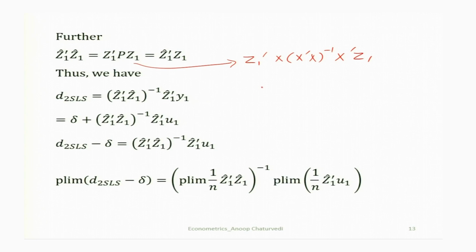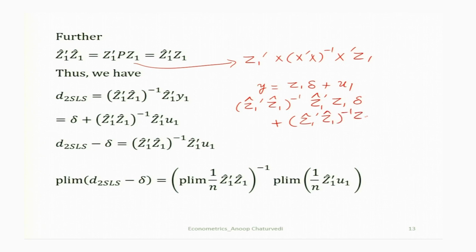Then we write y1 equal to Z1 delta plus u1. So, when we write y1 equal to Z1 delta plus u1, then we get (Z1 hat transpose Z1 hat) inverse, then you have Z1 hat transpose Z1 delta plus (Z1 hat transpose Z1 hat) inverse Z1 hat transpose u1.